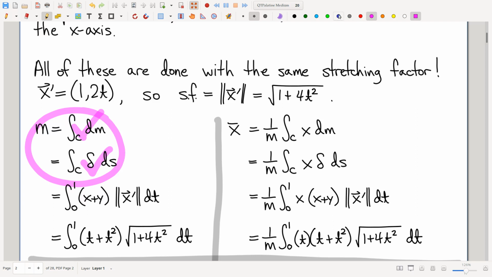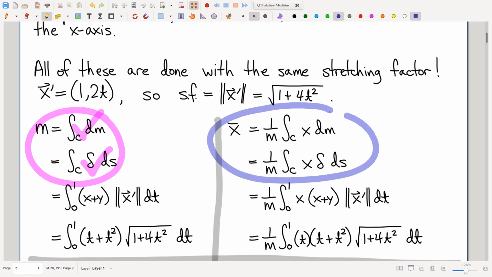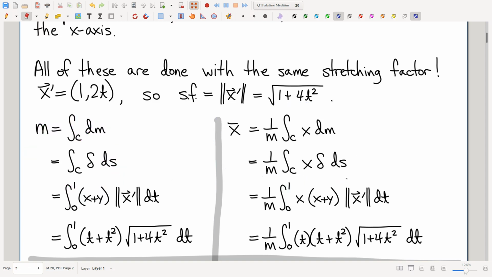Now, parallel computation over here. I have a different formula for the x-coordinate of center of mass, copying from the previous section. It's a different integral, but again, I get kind of this same deal in the same way that dm is density times ds there. Well, yeah, dm is density times ds here, too.